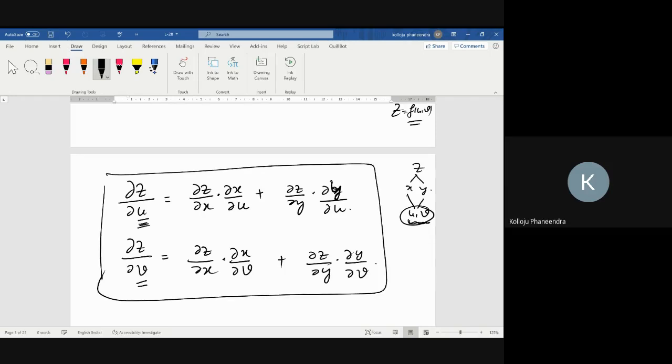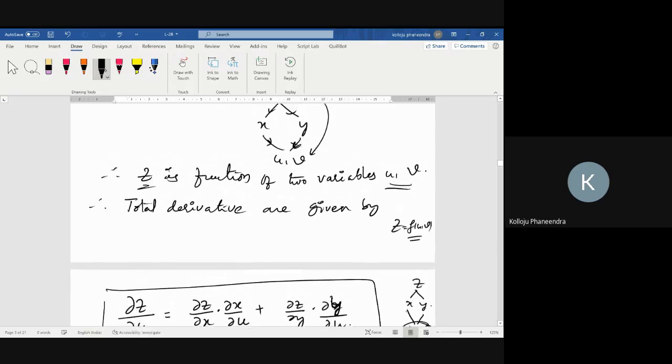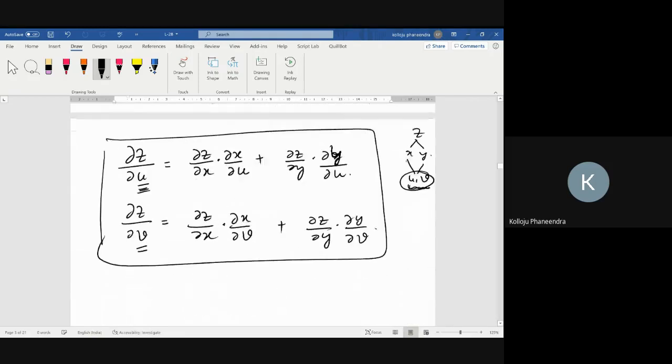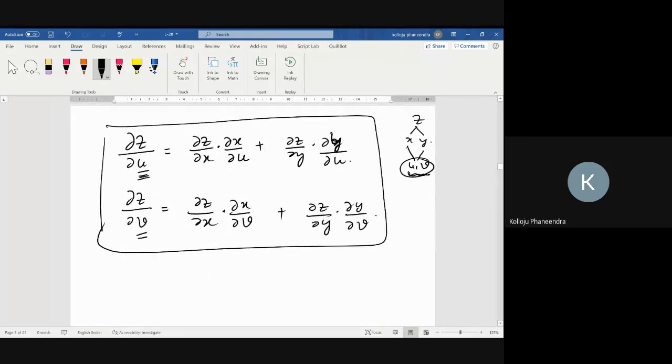Now here z is a function of two variables u and v, and is called a composite function of two variables. Okay, this is about composite functions and their total derivatives.